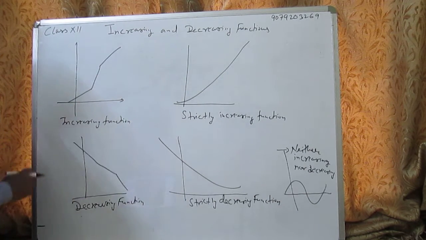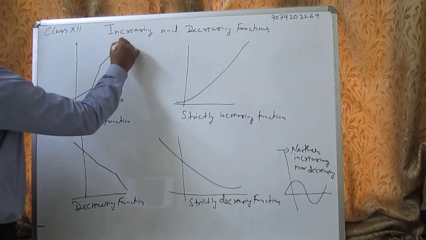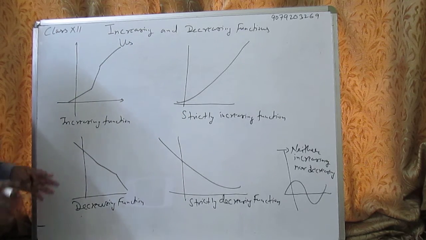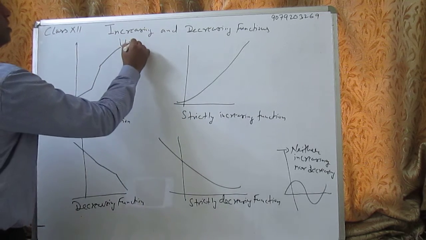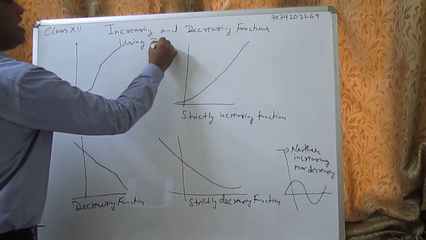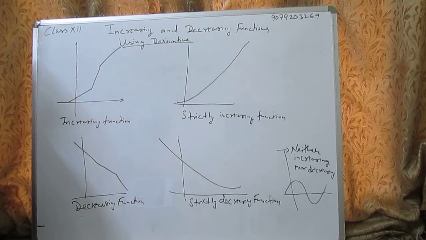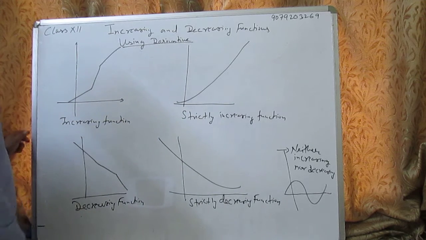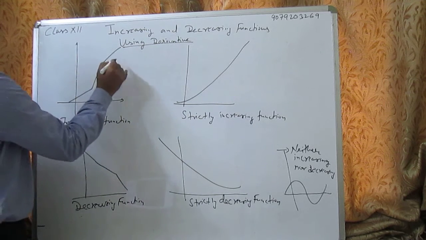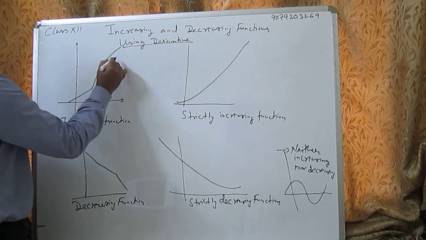Now see here, there are two methods to decide increasing and decreasing functions. I will use the derivative method. How will you represent it mathematically?